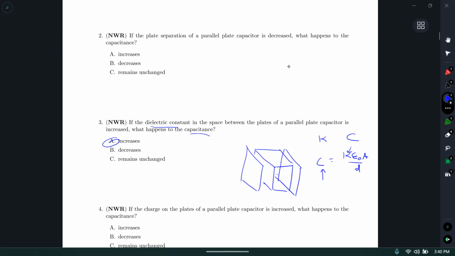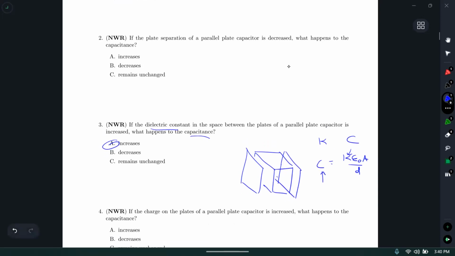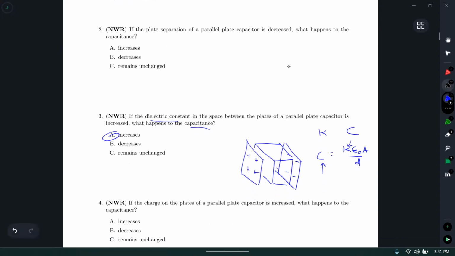Or I can get back down to the bare bones physics of why, and it's that idea that if I insert a dielectric, say this plate is positive, this is negative, that's going to induce a very slight negative charge on this face of my dielectric, and a very slight positive charge on this face.